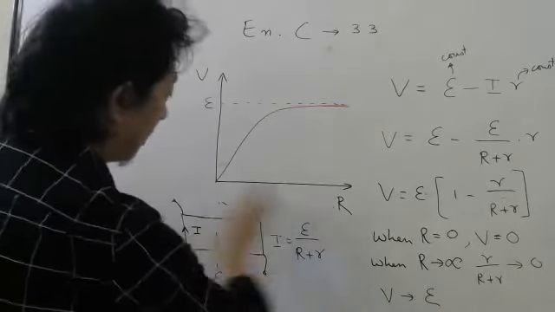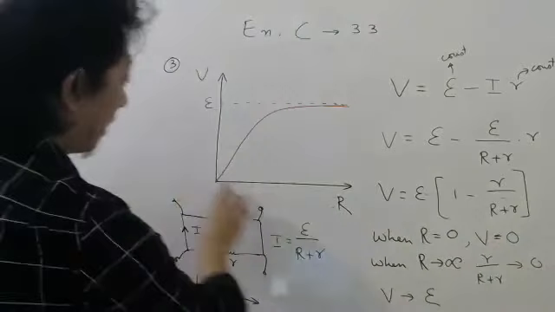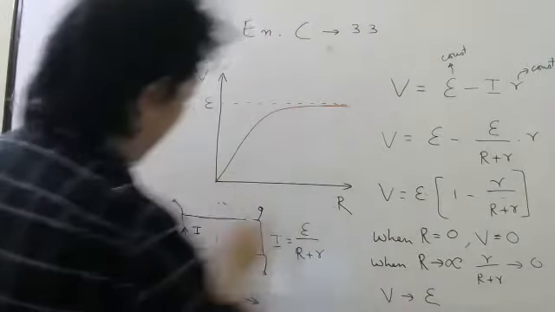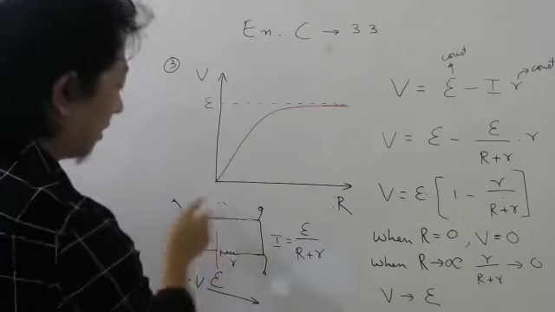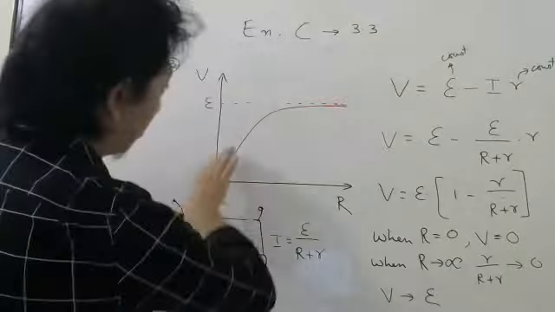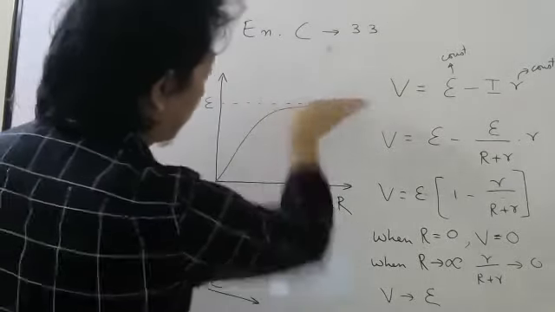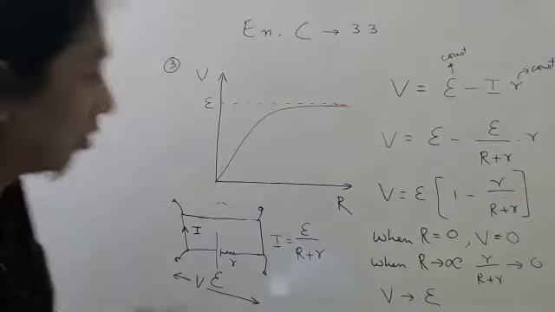So as your R increases, your terminal voltage starts from 0. And as capital R keeps on increasing, as you put here more and more resistance, your terminal voltage will slowly approach a constant value. That's why the graph is becoming horizontal. Why is it becoming horizontal almost?